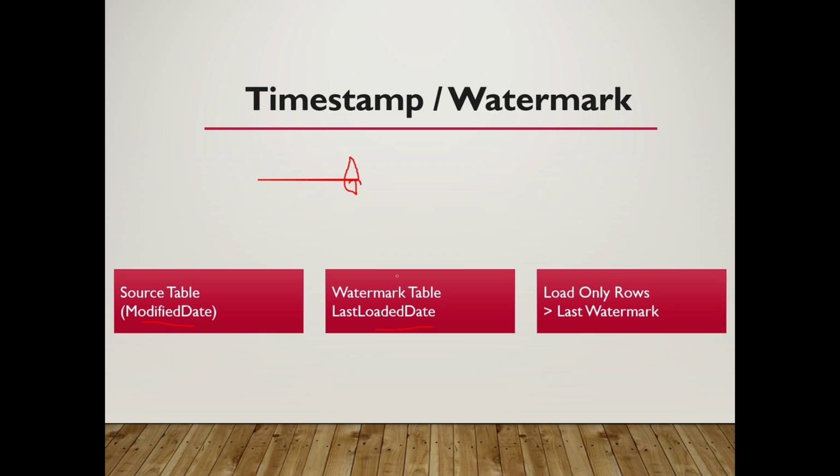In the audit log table we capture the last loaded date for all entities, like project, customer, and these types of entities, and what time the last load happened. We compare both dates and load only those rows where the modified date is greater than the last load.